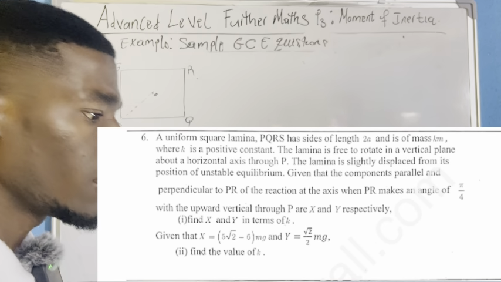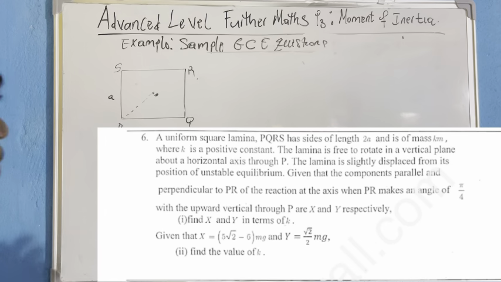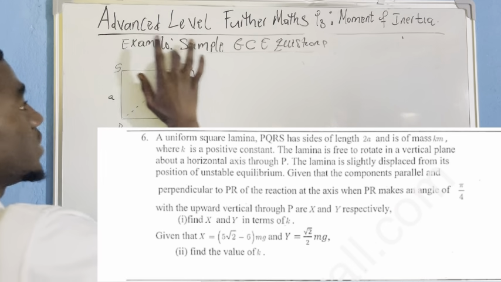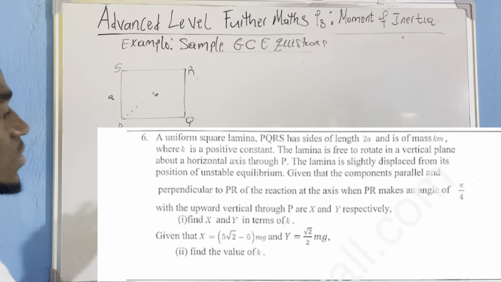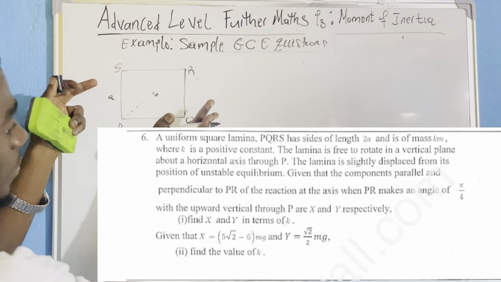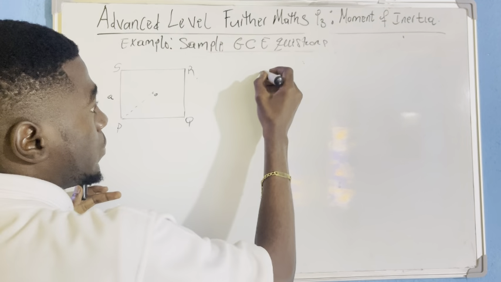Roman 1, find X and Y in terms of k. Okay, I think that this position should be the stable position of the laminar, so I should put it on an unstable position. Unstable position means that what? I can take this stable position, I try to displace it like this.